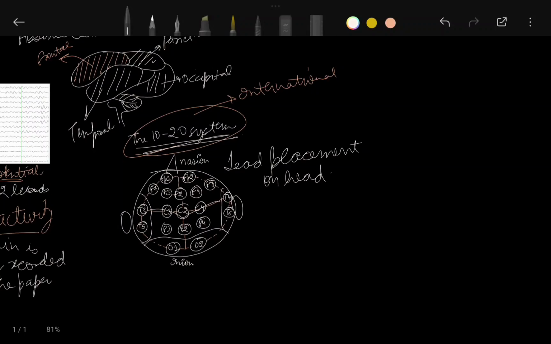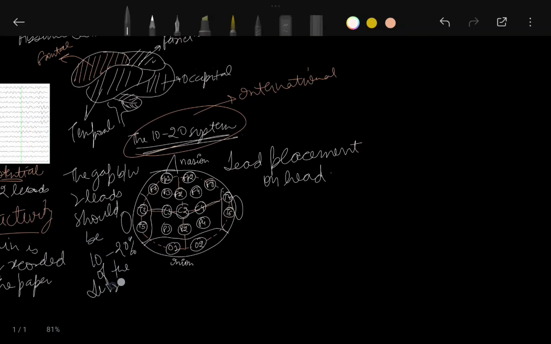The gap between two leads should be 10 to 20% of the surface area of the brain. Now, what are the normal EEG waves?